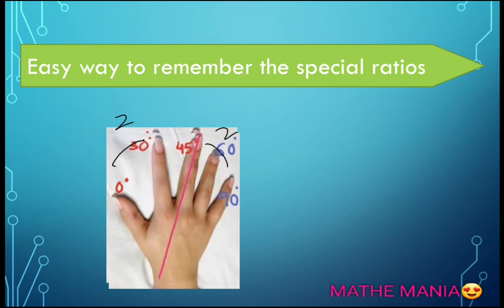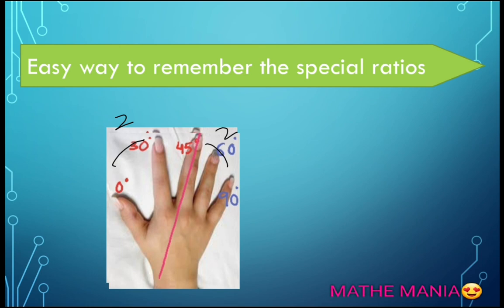Now the ones which are on the smaller angle side will be used for finding sine theta and the other ones will be used for finding cos theta. Total number of fingers is 4. 2 plus 2, 4. So you are always going to divide by 4.